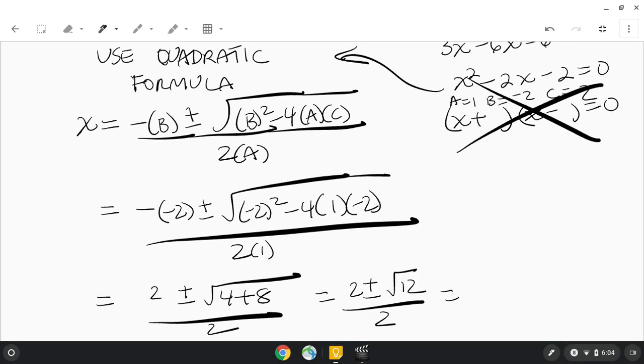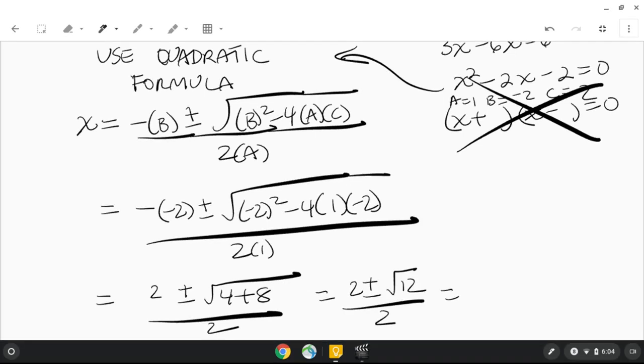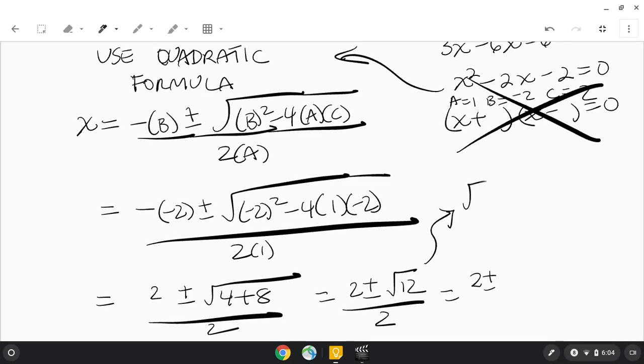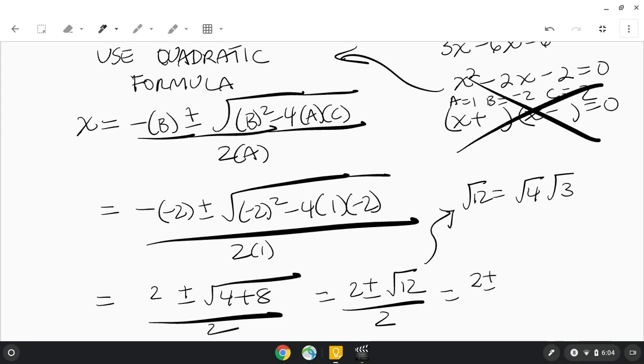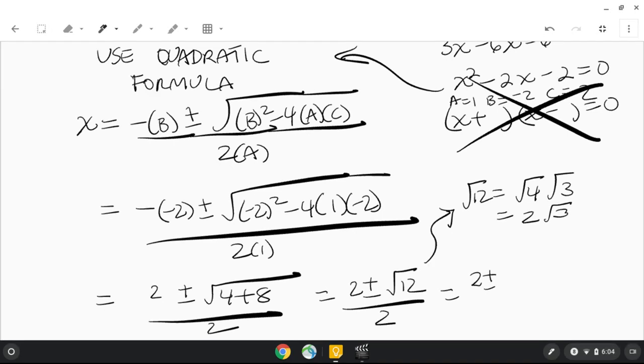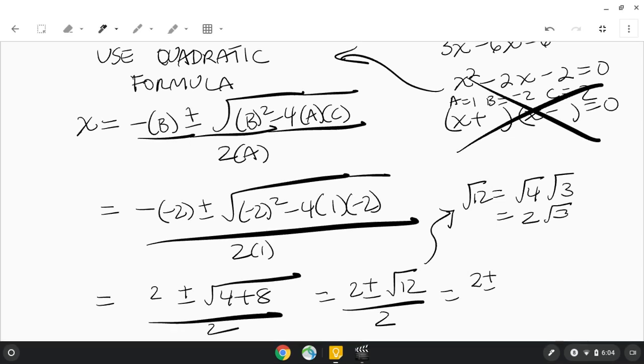That 12 can be broken down. So let me just show you up here. Square root of 12 can be broken down using square root of 4 times square root of 3, right? And square root 4 is 2. Okay. So instead of writing square root 12 here, I am going to use 2 square root 3 over 2.